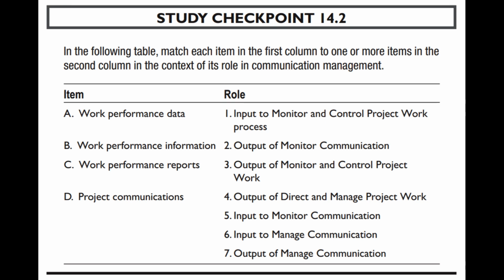Output of monitor communication. C. Work performance reports. 3. Output of monitor and control project work. D. Project communications. 4. Output of direct and manage project work. 5. Input to monitor communication. 6. Input to manage communication. 7. Output of manage communication.